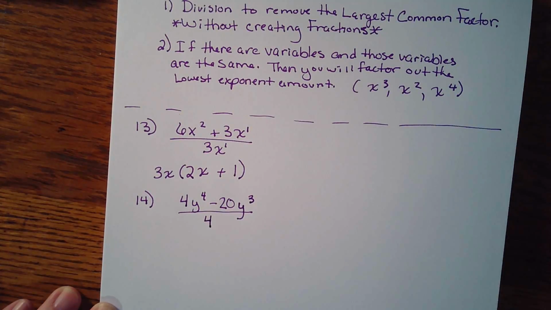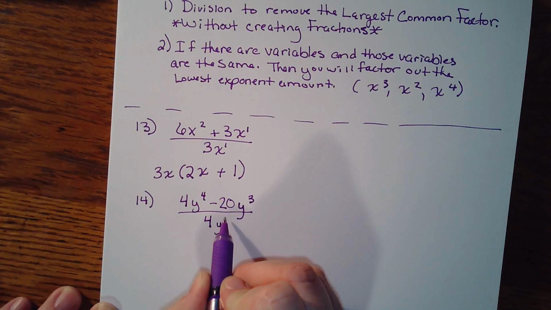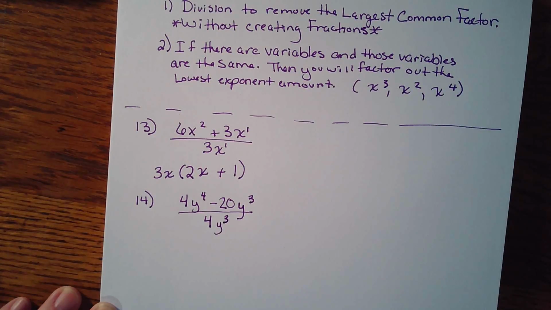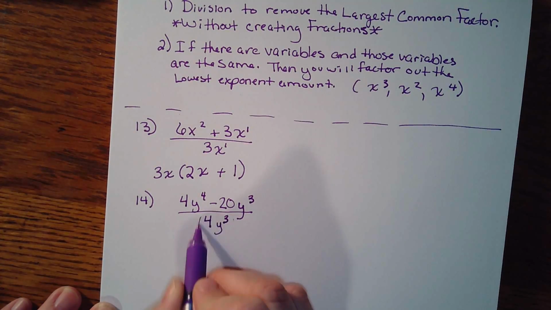Now we must see if they have the same variable. Yes, they're both y's. So we look at the smallest exponent, and in this case we both have a cubed, so the greatest amount that I can pull out is a 3, which is always going to be the smallest exponent.